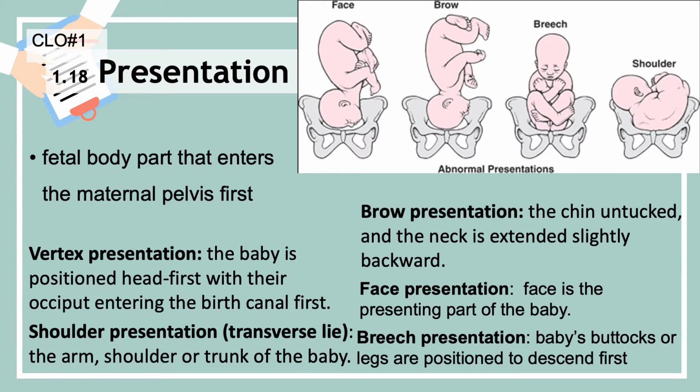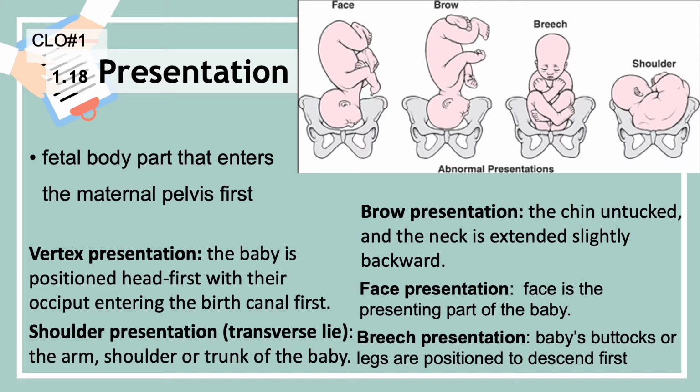Next is face presentation. This occurs when the face is the presenting part of the baby. In this position, the baby's neck is deflexed or extended backward so that the back of the baby's head is touching its back. The last one on our list is breech presentation.